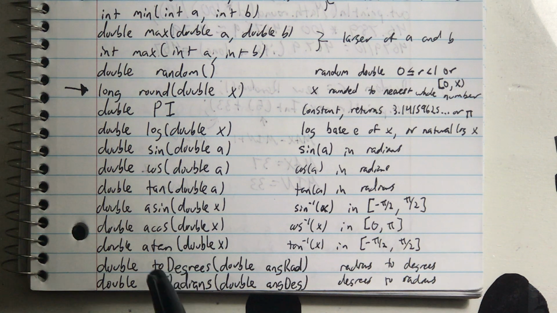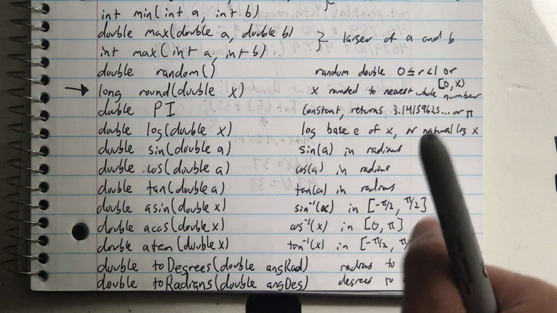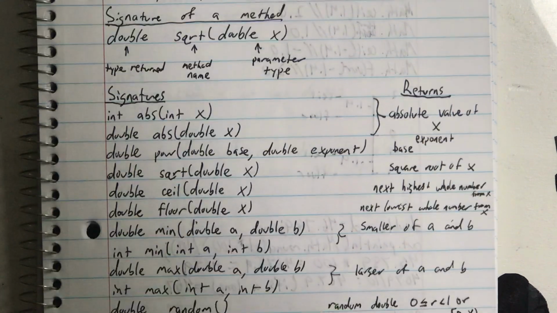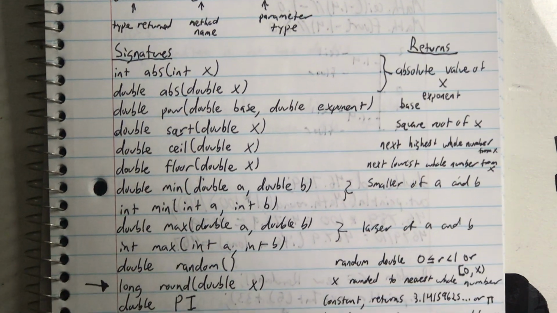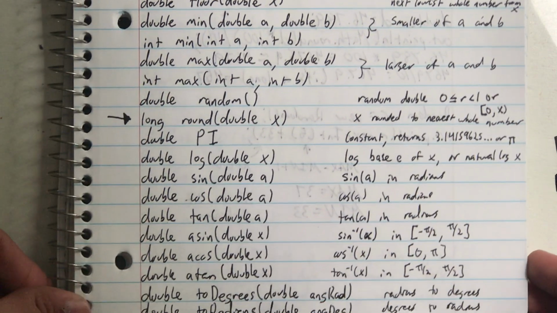If you want to convert an angle from radians to degrees, then you would use the toDegrees method, and the same thing for radians. If you want to convert from degrees to radians, you would use the toRadians method. And that's pretty much it for the math class. I don't know if you want to screenshot it or take a picture of it or whatever. It'll be here. And now I'm going to give you a couple of examples.